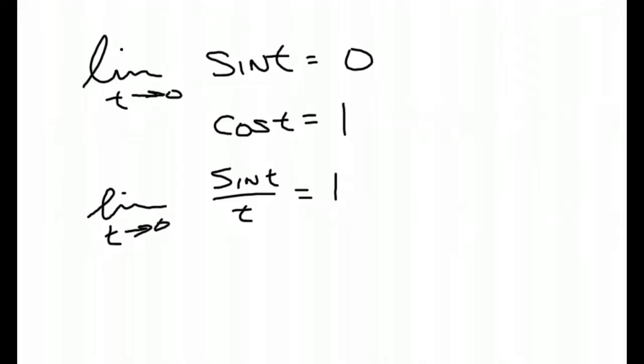One of the other laws up here is on page 137, in the middle of the page. It's the limit as t approaches 0. They're going to say that the limit of the sine of kt over t equals k.